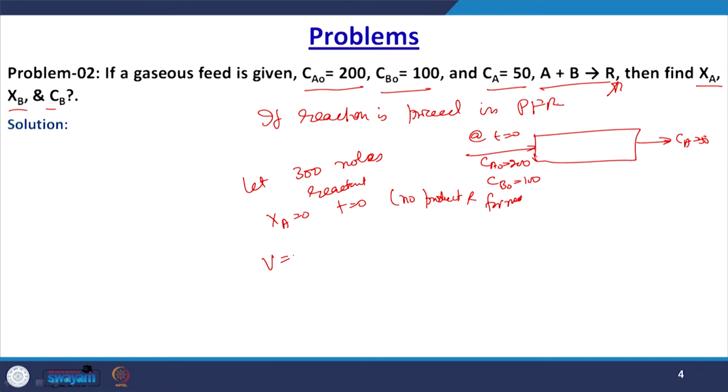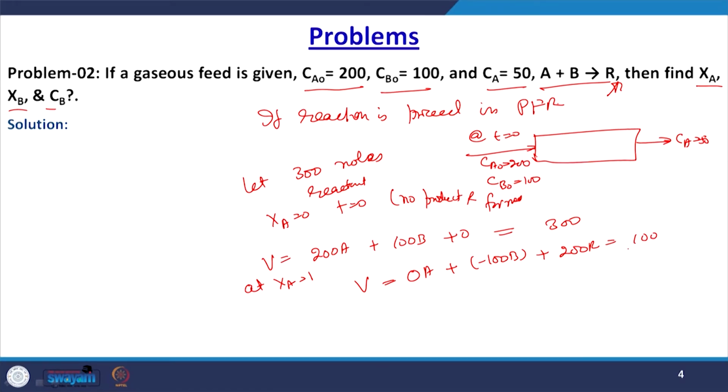So V is equal to 200A plus 100B plus 0, that is equal to 300. Now at XA is equal to 1, we can represent V is equal to 0A plus 0B plus 100R... that is equal to 100.